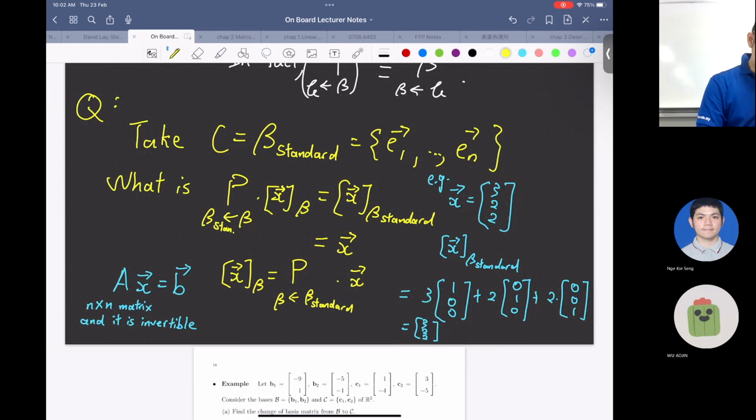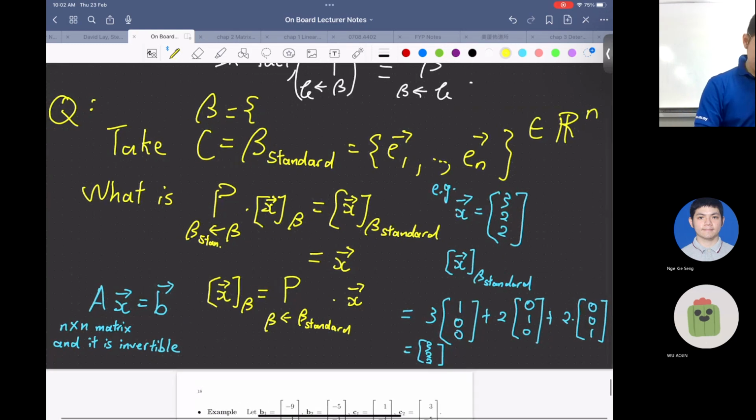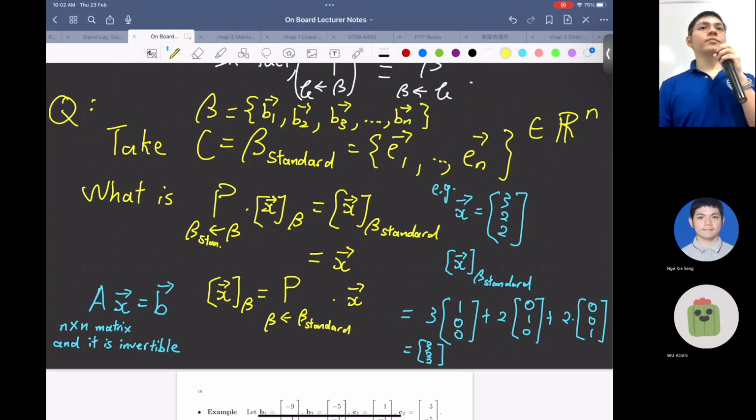So we have two bases here. We start with two bases. Let me state it very clearly in the Rn form. Instead of two arbitrary bases, one is arbitrary and the other one is the standard basis.